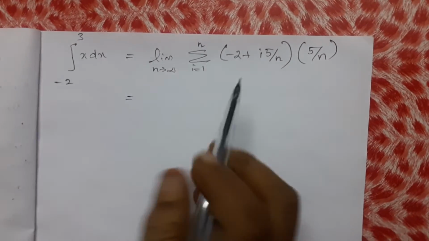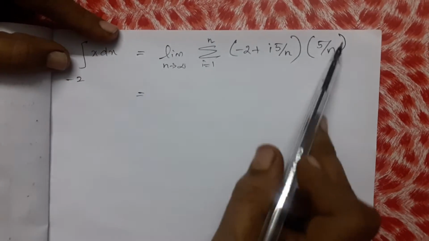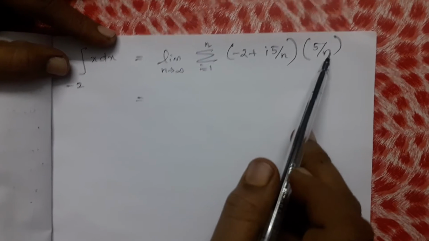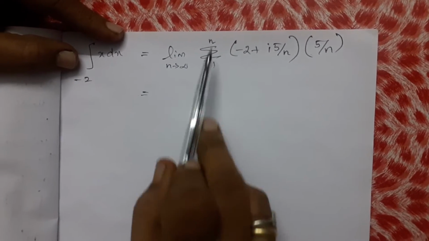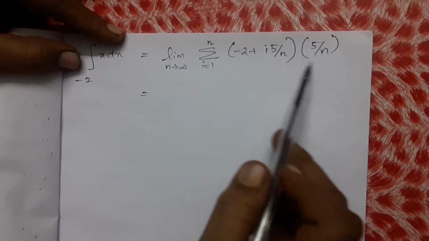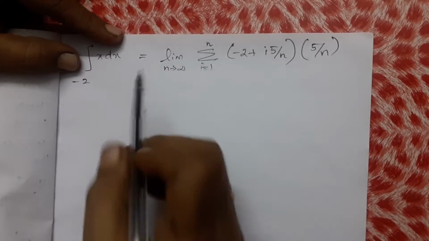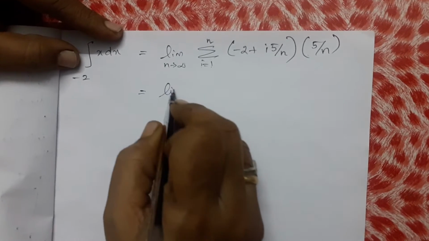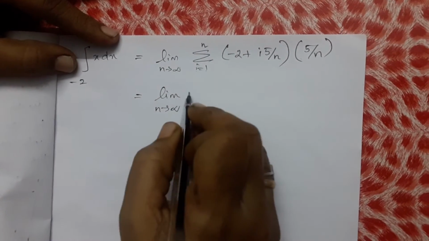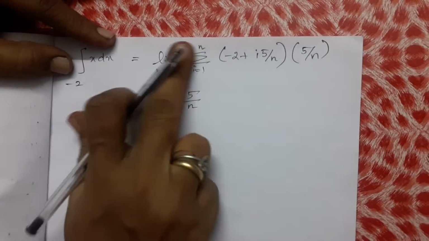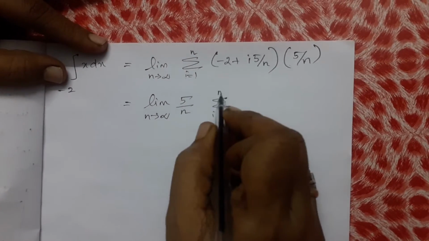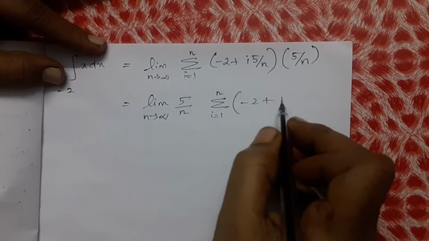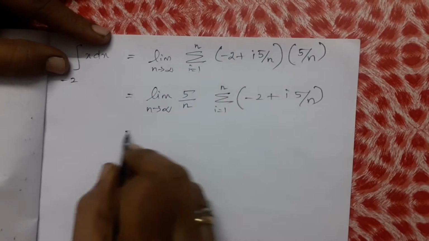Now, 5 by n is independent of i, and the summation varies i from 1 to n, so we can take 5 by n outside the summation. Now we have the summation i equal to 1 to n of (minus 2 plus i 5 by n).